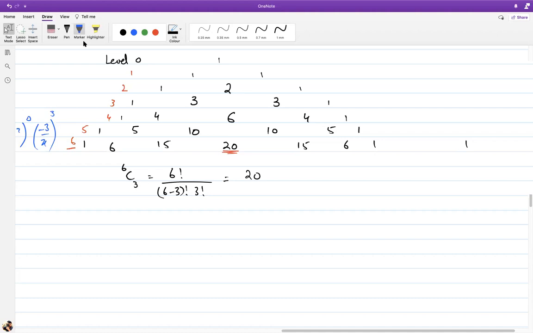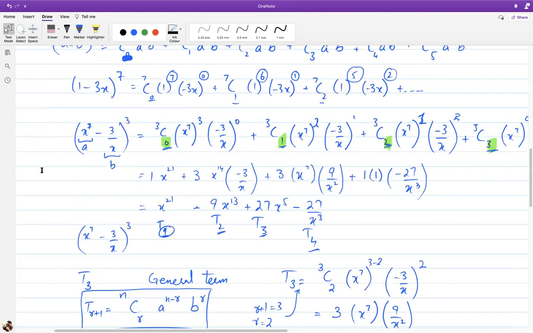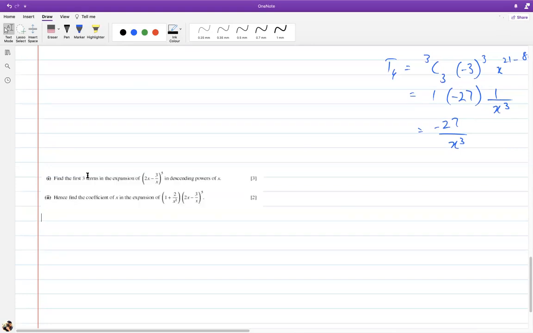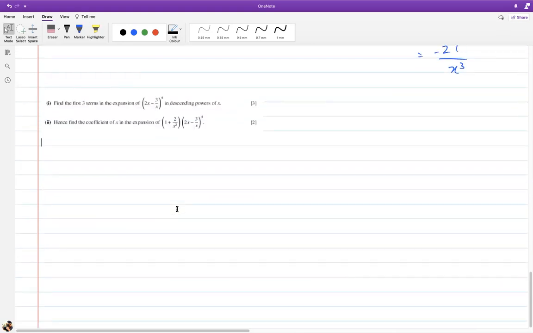So I'm going to do this question with you and hopefully it won't be that difficult. First is find the first three terms in the expansion of this thing. All right, so let's just expand this. We have 2x minus 3 over x, power 5.